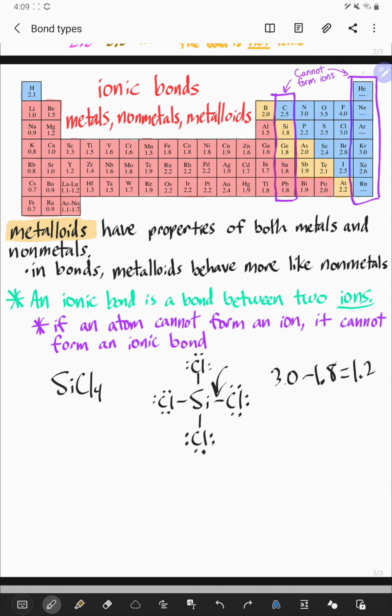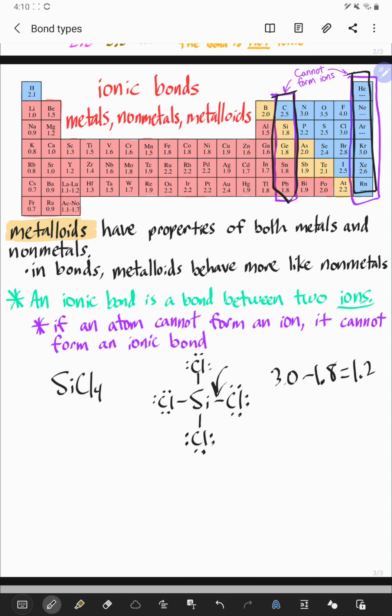Our noble gases are happy with 8 valence electrons, so they are not going to form ions. And then these other elements can kind of form ions, but they typically don't. So if we have an element in one of these columns, group 4 or group 8, and it is part of a bond, it is not going to be part of an ionic bond.